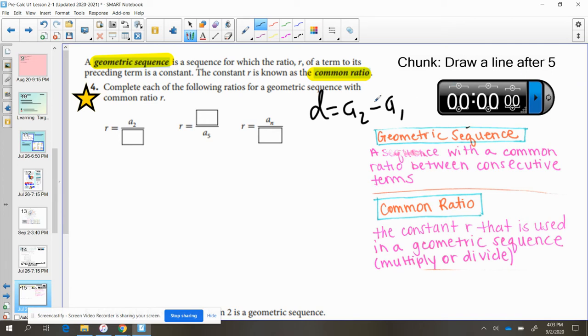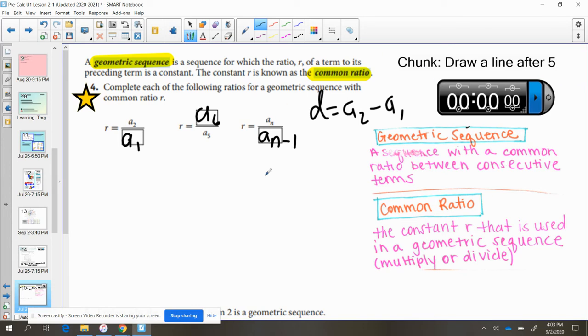You subtracted a term and its preceding term. Here we are going to be dividing a term and its preceding term. So a2 over a1, or a6 divided by a5, or again using our subscript notation, a sub n divided by its preceding term, a sub n minus 1.